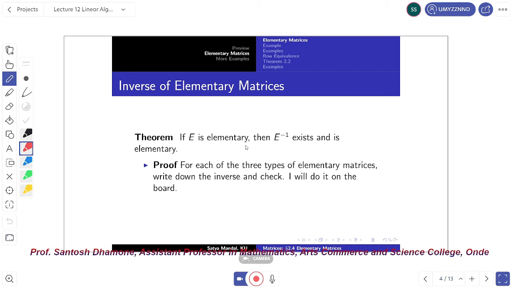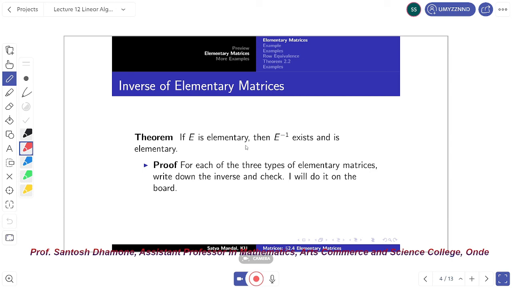Second example: let A be the matrix [1 0 0; 0 1 0; 0 0 1.5]. Is this an elementary matrix? We clearly see that the first row is 1 0 0, which is a row of the identity matrix.